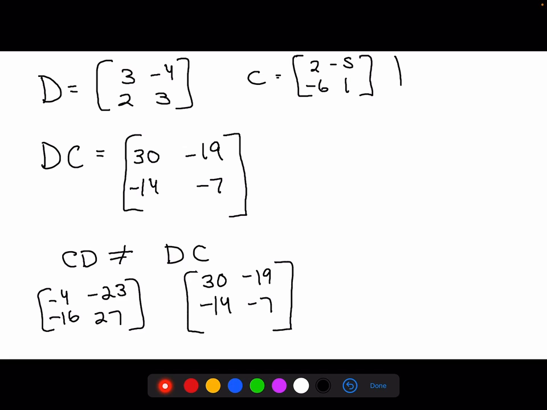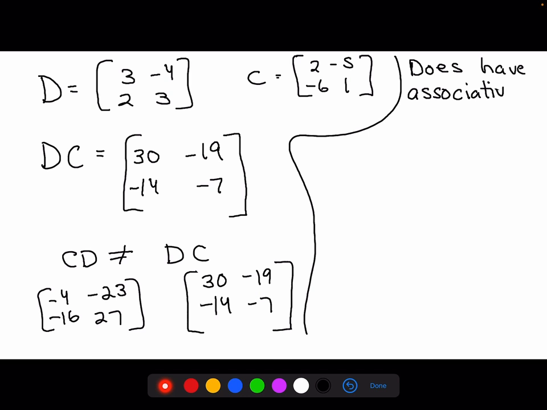Now matrix multiplication does have the associative and distributive properties. I'm not going to go into details and do examples, but just know that it does have associative and distributive properties.